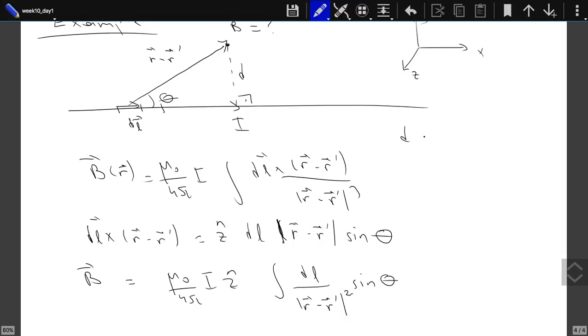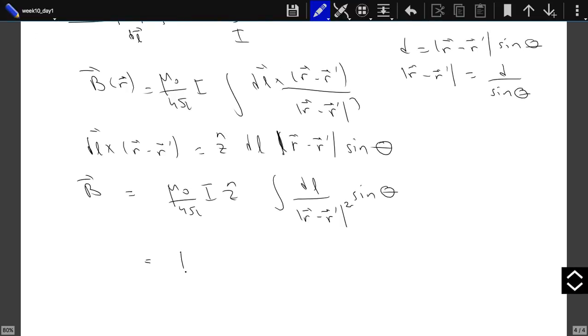Well, I know that d is equal to r minus r prime times sine theta, or r minus r prime is equal to d over sine theta. So at least that gets rid of one of the variables, or expresses one of the variables in terms of theta.